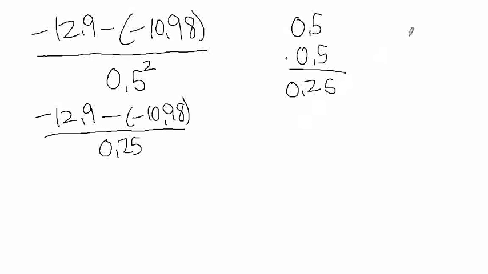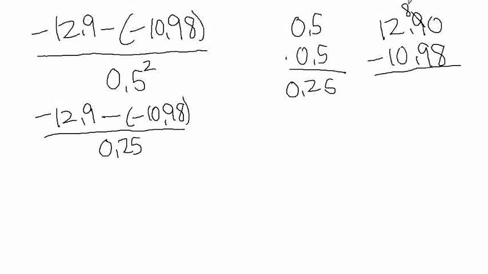In order to find that, let me first calculate 12.9 minus 10.98. It'll involve a little bit of work. So I get 1.92. So the numerator is negative 1.92.